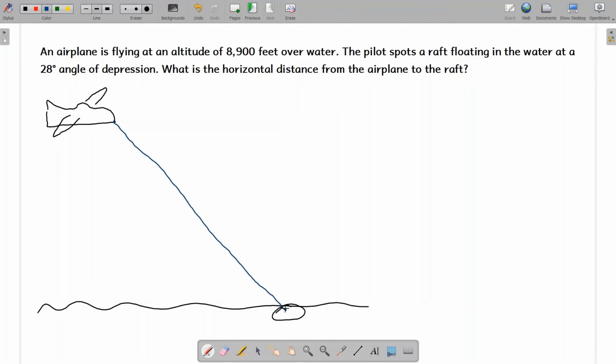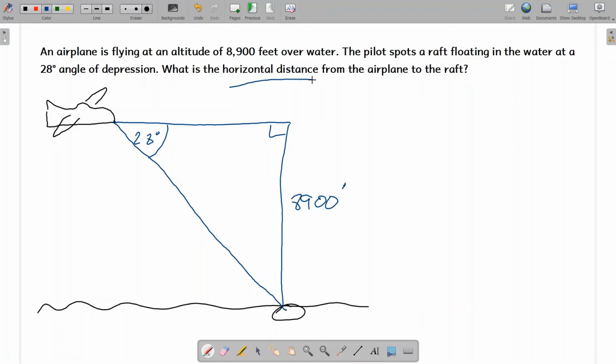They see that raft. Remember, since it's an angle of depression, our triangle is going to be flipped over. So this is our angle of depression, which they tell us is 28 degrees. We know that the plane is 8,900 feet over the water, which would be this side, and we're trying to find the horizontal distance from the airplane to the raft, which would be this side here. So we have the opposite, the adjacent side again. We're going to be using tangent.